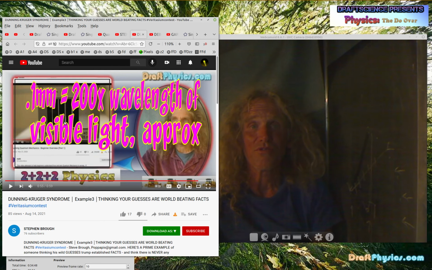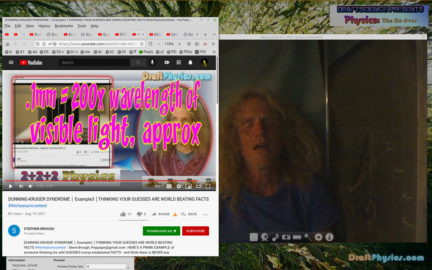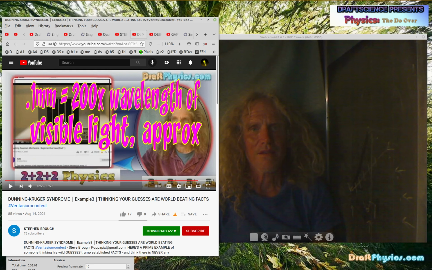Because that's almost 200 wavelengths, right? Or at least 75 wavelengths in just a human hair, that tiny little line. So can you imagine how small the slits have to be when they suggest that they should be less than a wavelength? Oh, well, no point in anybody even trying to make less than a wavelength distance in a slit experiment, right?